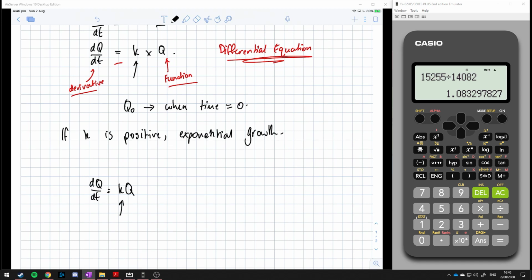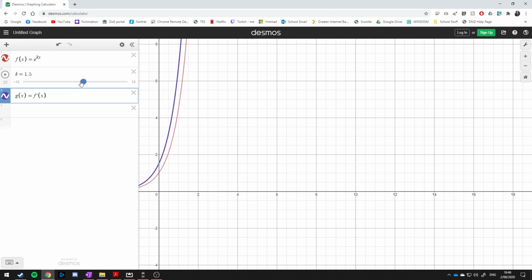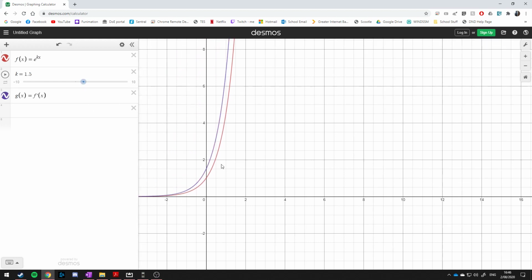So that is proportional to its function q. If we have a look at this one again, if I take the derivative, so let's say that this is f of x, then g of x is equal to f dash of x. If I make this positive, then what it's saying is that my derivative is some multiple of the original function.